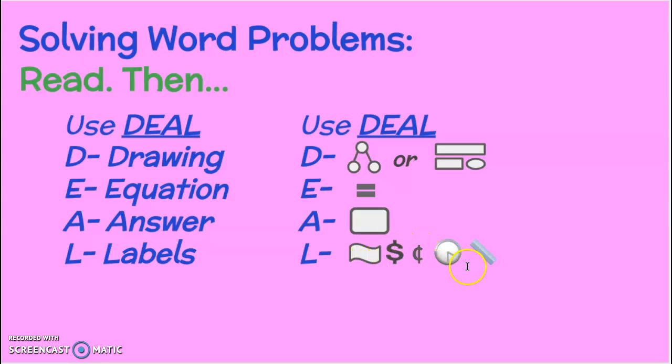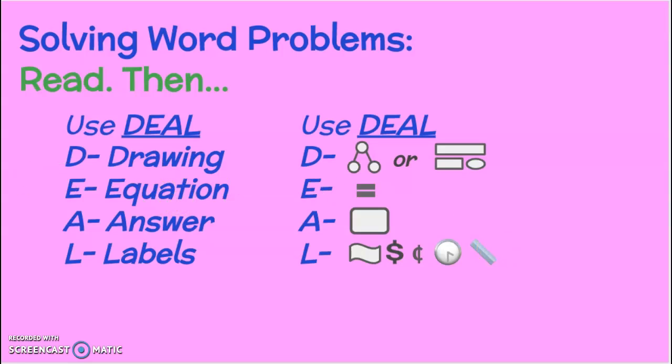And if there is a unit of measurement involved, such as so many dollars or so many cents, maybe it's 25 cents more than me, or maybe it's time, so you won't actually need to put a clock or a ruler there, but you would need to label it minutes or hours, or instead of the ruler, inches, feet, millimeters, centimeters, meters, things like that. So that's all part of the labeling process. You don't always have a unit of measure, but if there is one, you should include it.